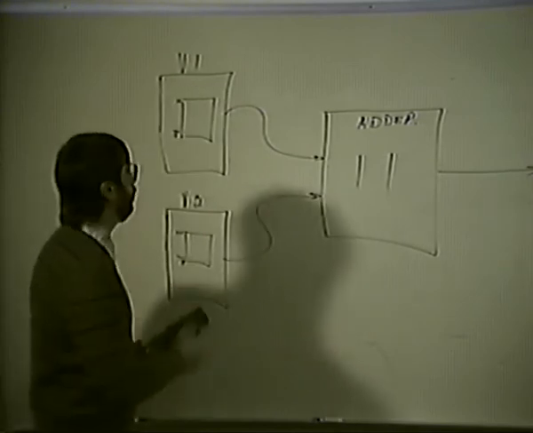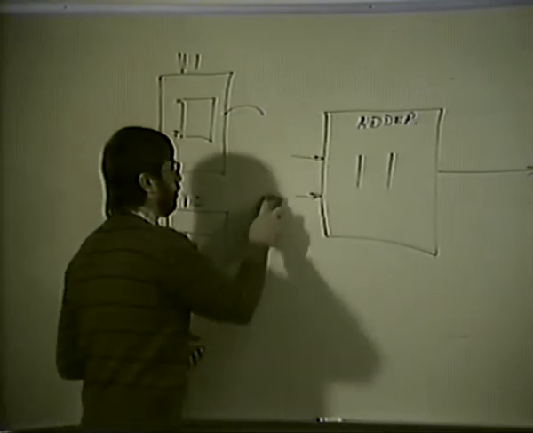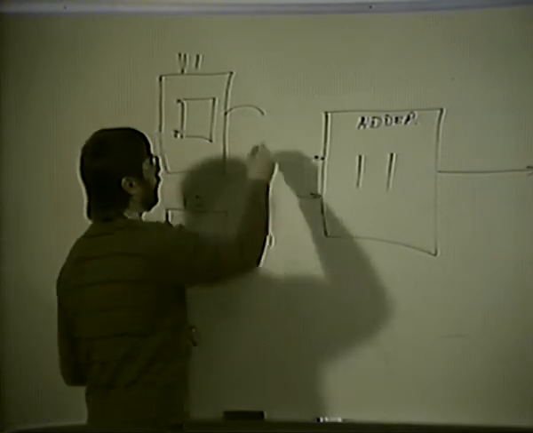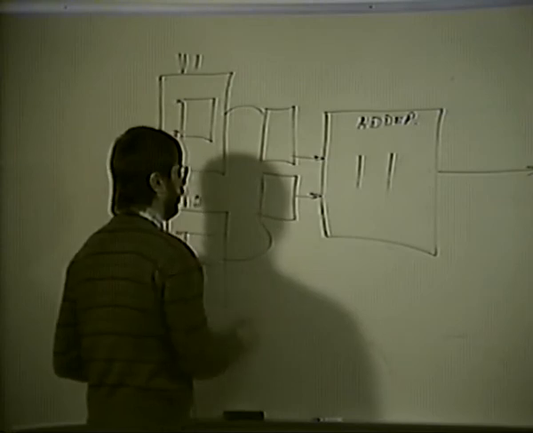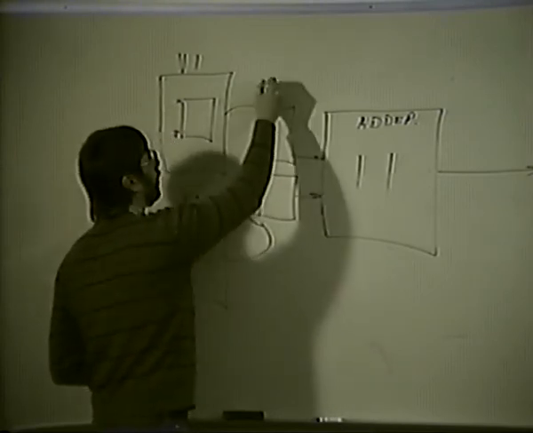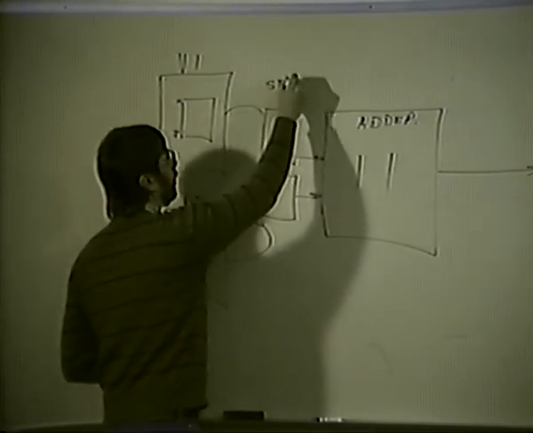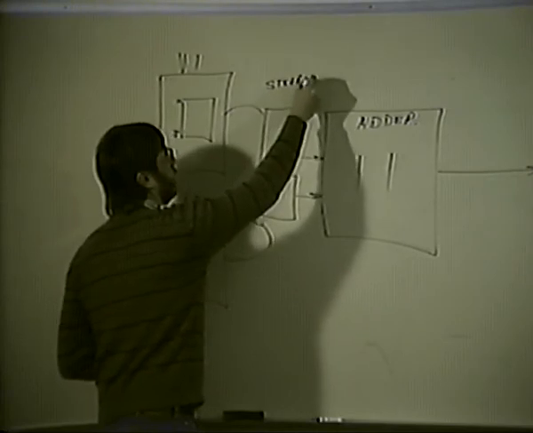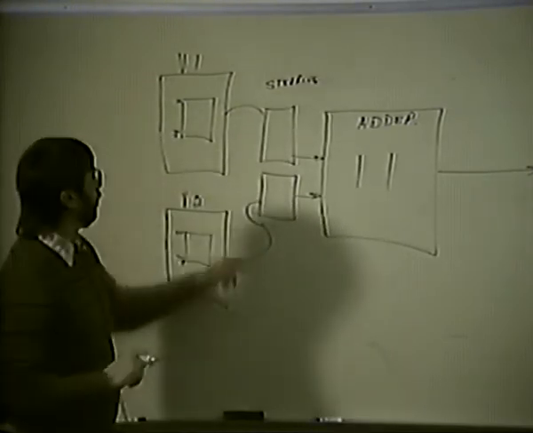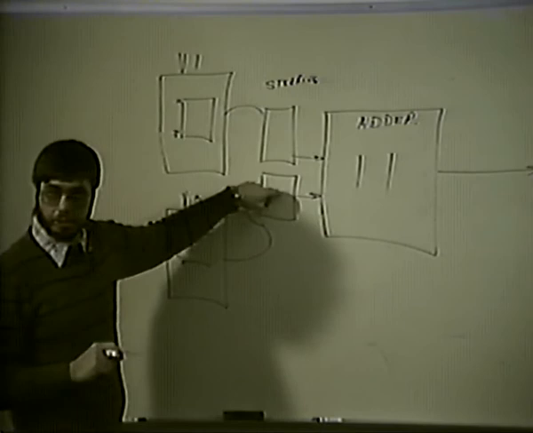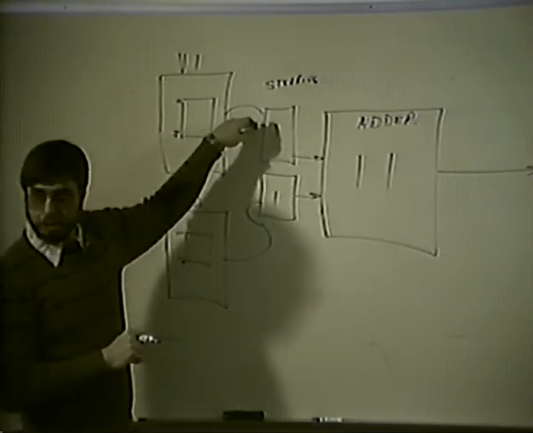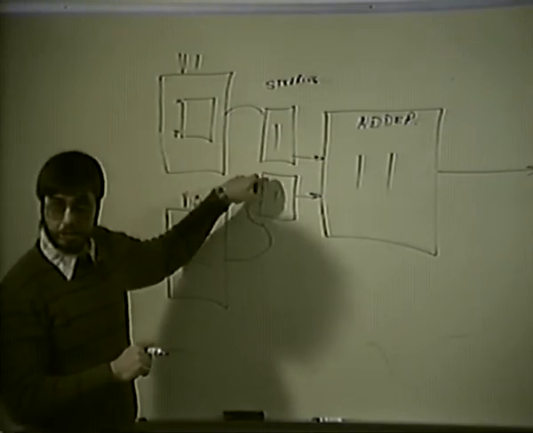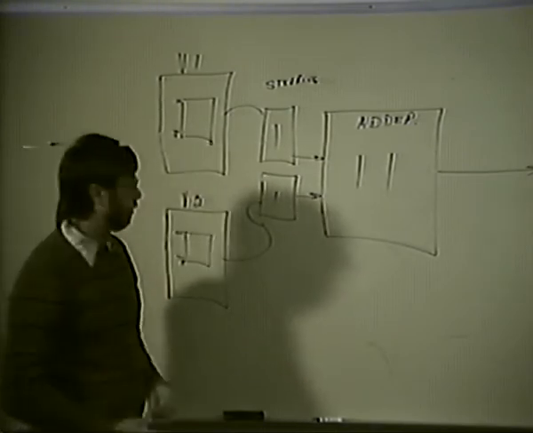So what we're going to do is put some steering modules in between here. In other words, when we issue this instruction, we'll tell these 2 modules which registers to take out and send to which functional unit.